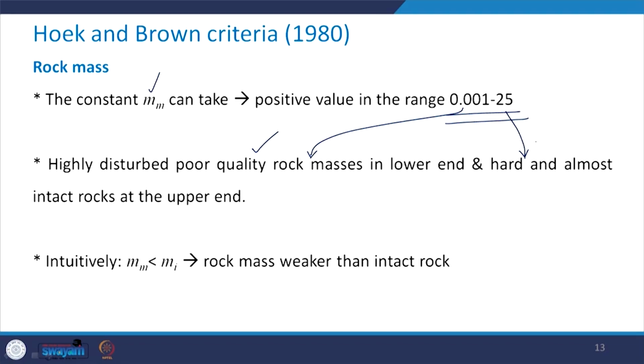Intuitively we can say that because rock masses are weaker than intact rock due to the presence of discontinuities, m_b will be less than mi.